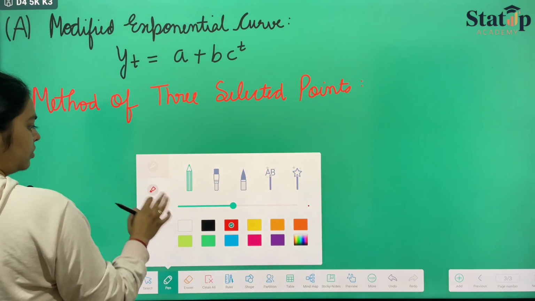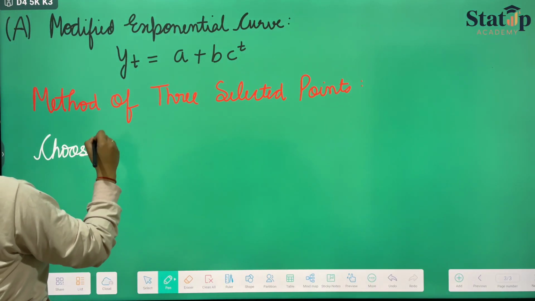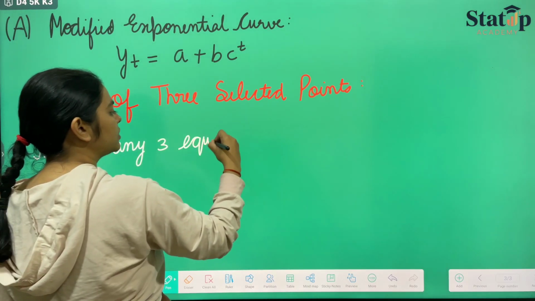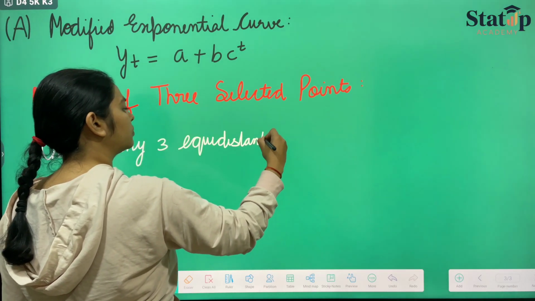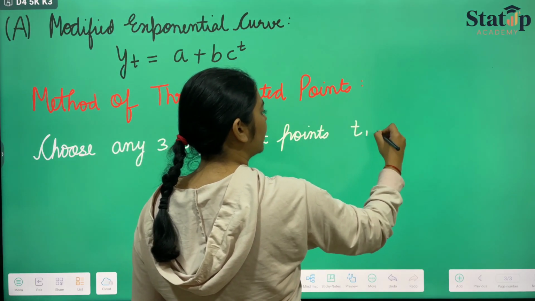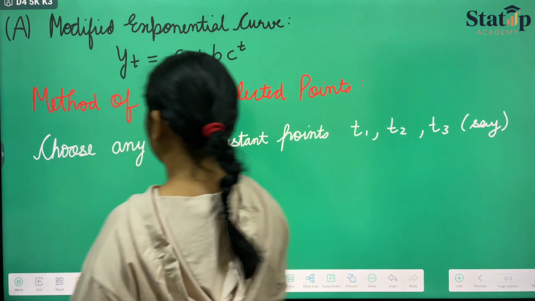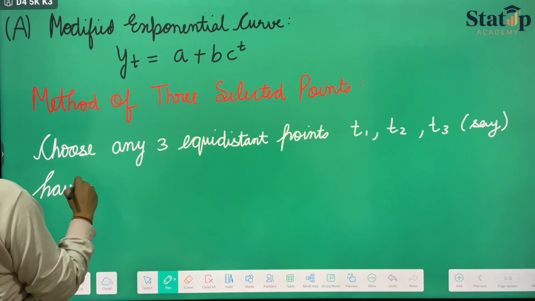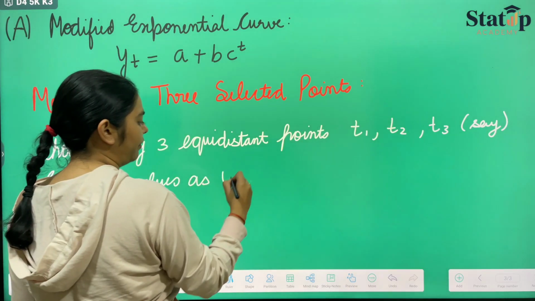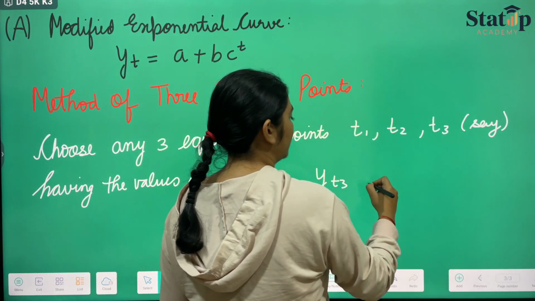So we'll choose any three equidistant points, let them be t1, t2 and t3, having the values yt1, yt2 and yt3 respectively.